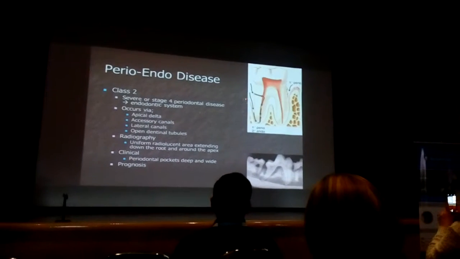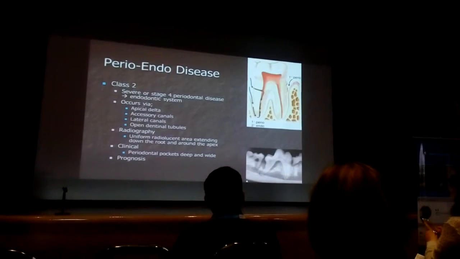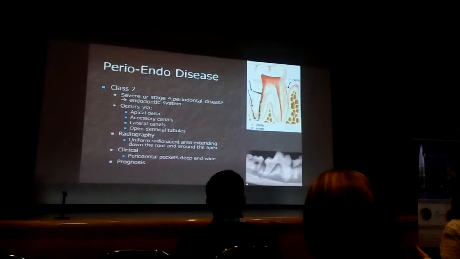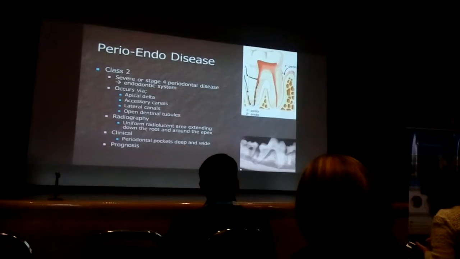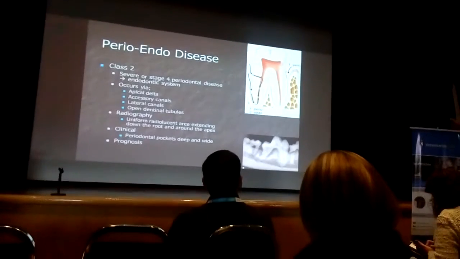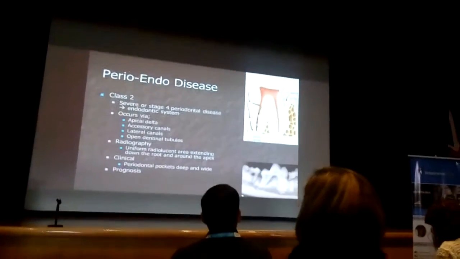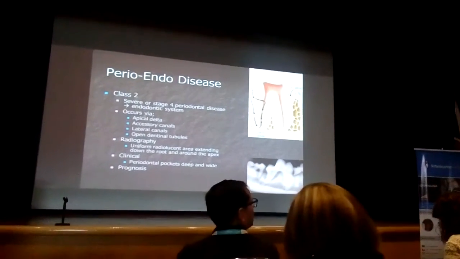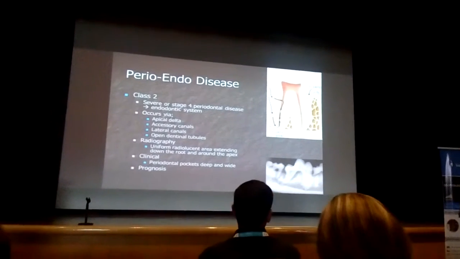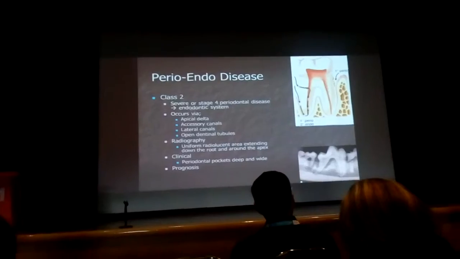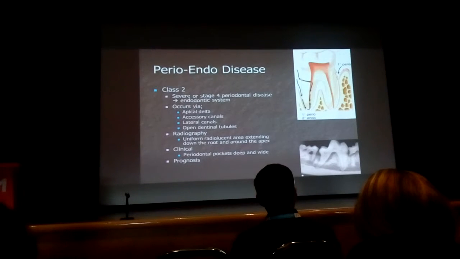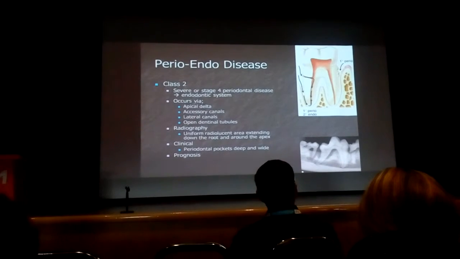So it can get through the lateral canals as well. So this is from periodontal disease. So you would have a tooth that looks like a normal shaped tooth, no fracture, but it has endodontic disease through extension from periodontal disease. Okay?